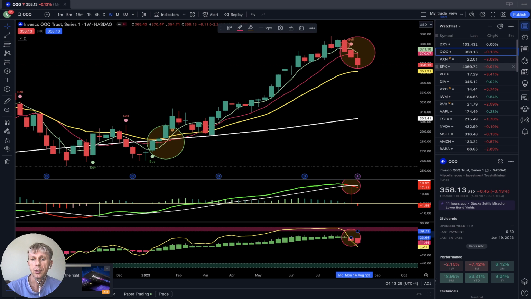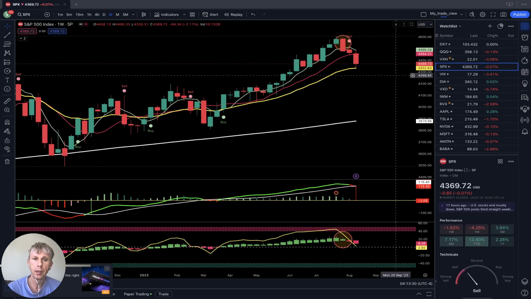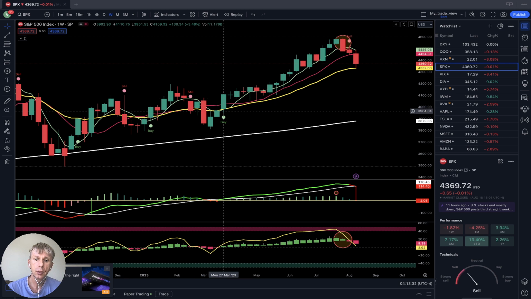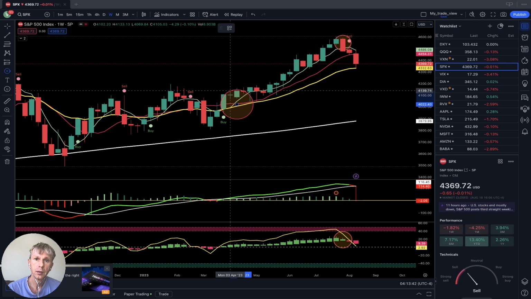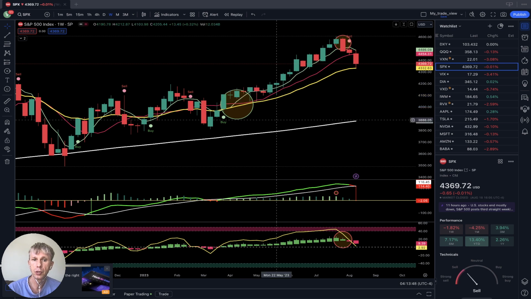Now we can move to SPX. SPX, similar story. It did a bullish crossover not from January, from April. Last bullish crossover from April, right? It is the green circle. It's just that today is more educational, right? Green circle, bullish crossover, buy signal from April.